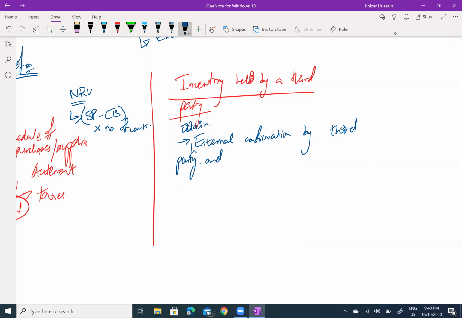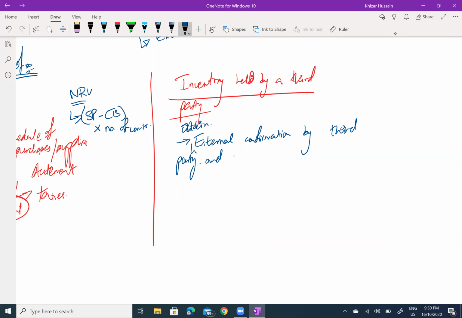And if there are any discrepancies, remember you cannot let go of any discrepancy. Any discrepancy or variation is inquired upon. You need to ask the client, why is there a discrepancy? Why is there a variance? All right. So variances and discrepancies are always inquired upon, and that is something that you need to write, because in a practical scenario you will do that. Okay. So external confirmation by third party.